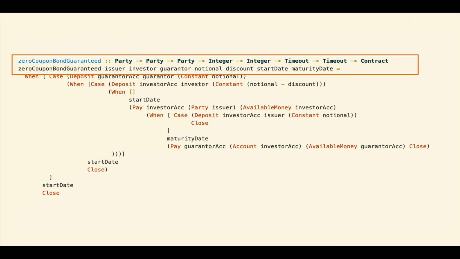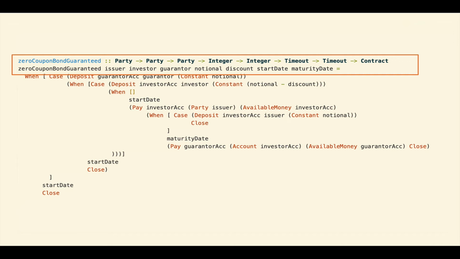It's worth starting off just by looking at the top two lines. What these do is they describe the type of the function that we've written, which you could think of as a template. And it says what parameters there are to the template, what are the things that need to be filled in to make an actual concrete contract. And if you look at the second line, we've given names to those various parameters.